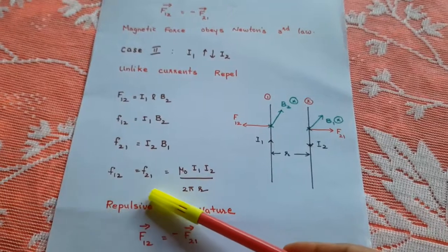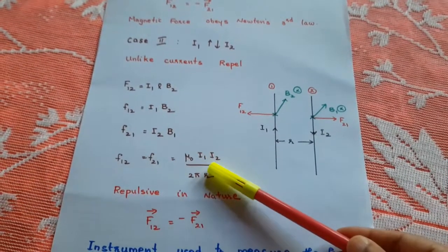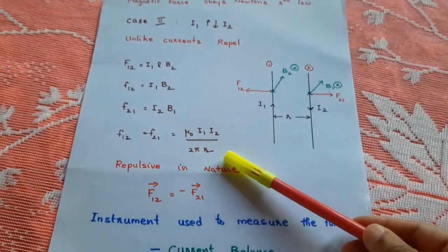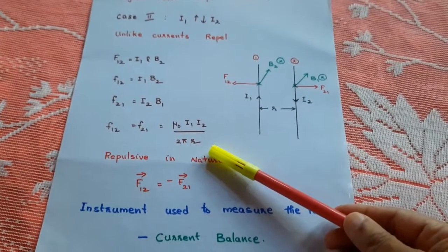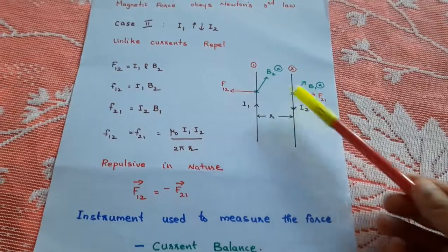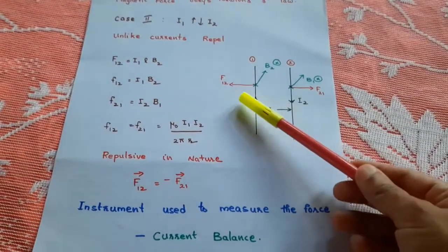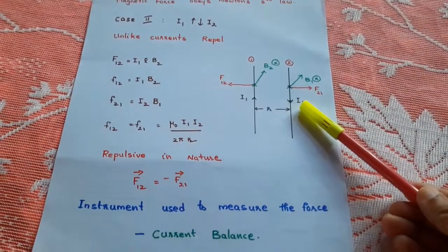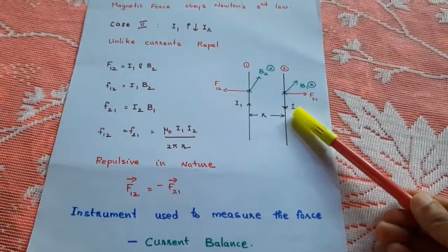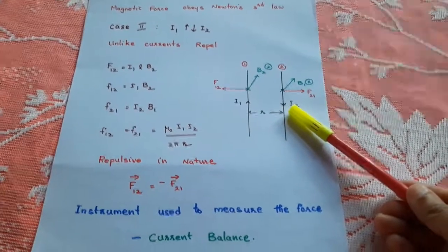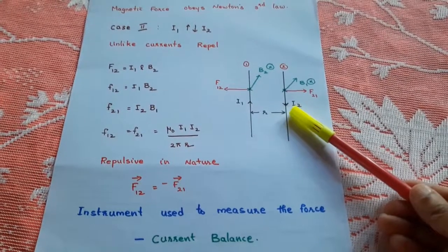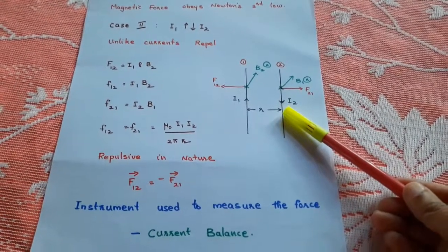Therefore, F12 is equal to F21, that is equal to mu0 I1 I2 by 2 pi r. Both are equal in magnitude but opposite in direction, or the forces are directed away from each other, or the force is repulsive in nature. So we can say unlike currents repel and like currents attract.